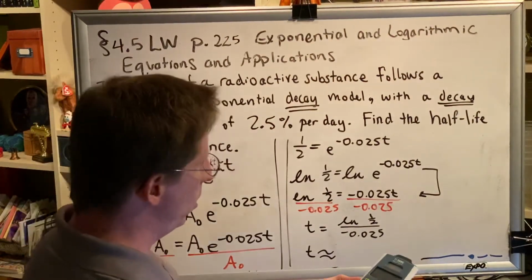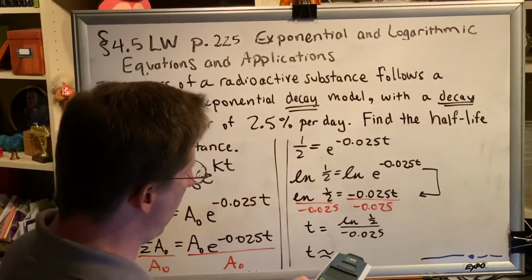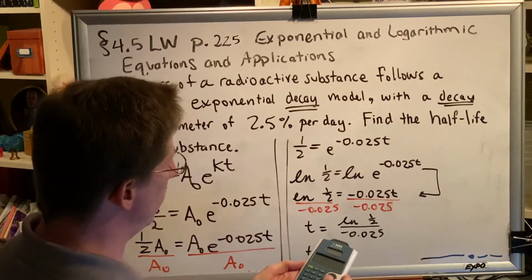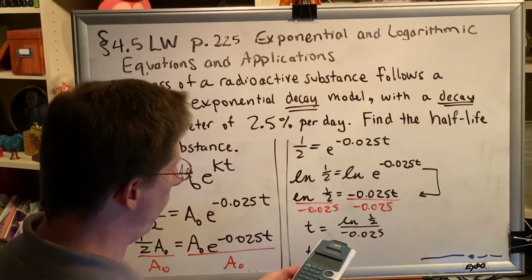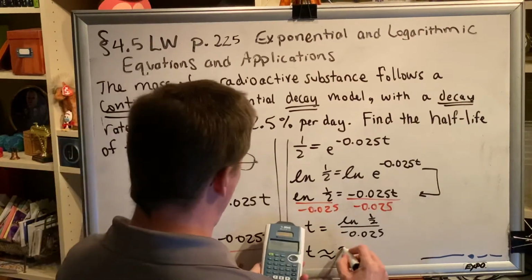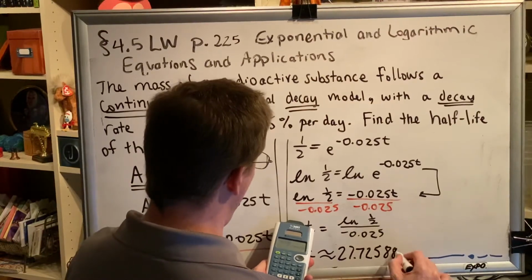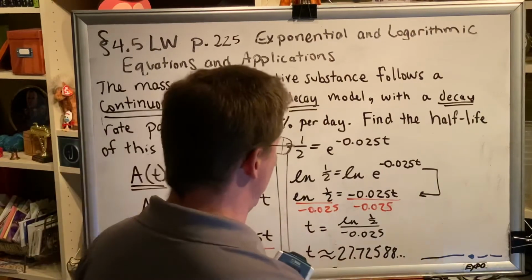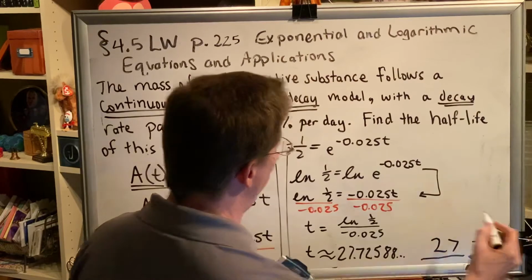Let's begin. So I'm going to hit my n over d, make a fraction button. I'll put in natural log, 1 divide 2, close parentheses, down arrow, negative 0.025, enter. And what I see is 27.72588, etc. I need to round this to 2 decimal places, and so I get 27.73.